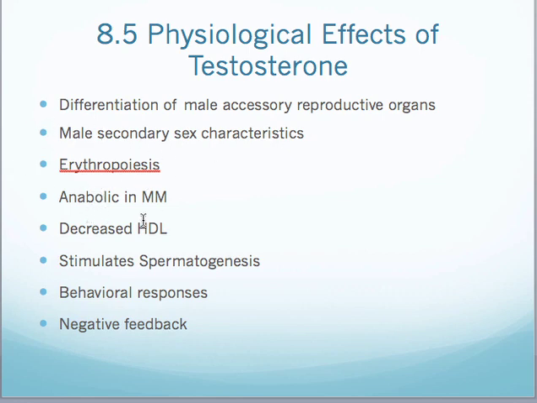It's quite anabolic in muscle tissue. It decreases HDL, stimulates spermatogenesis. It's also responsible for quite behavioral responses, and a little bit related to that, some aggression. And we know how testosterone provides negative feedback for its further release from the hypothalamus pituitary axis.